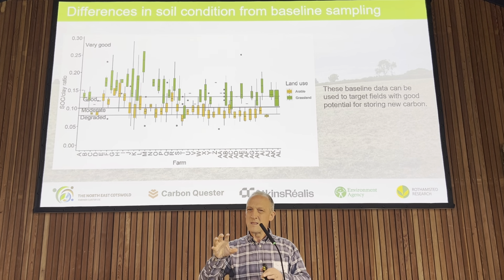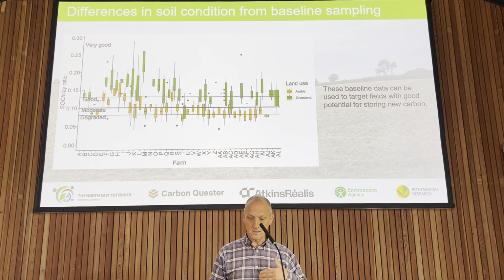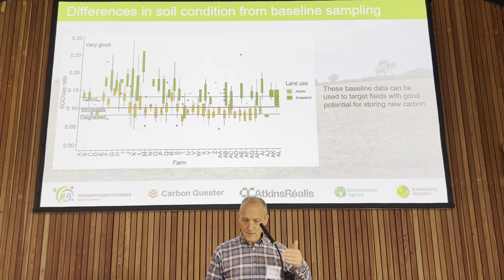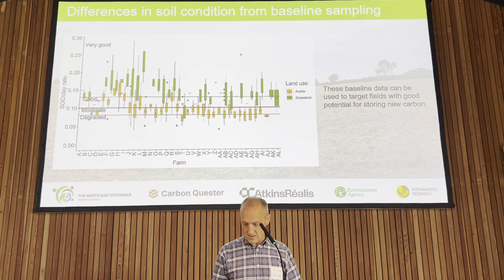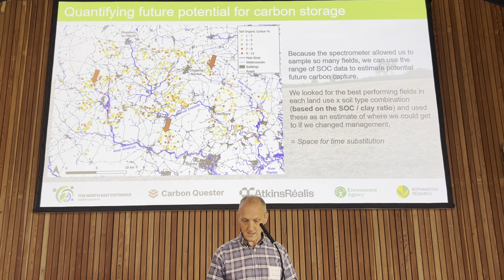There might be subtle differences in topography and soil depth that we haven't captured in our data. But what we're really interested in is those management changes that we can target to improve things. But again, it's the ranges of soil carbon data that we've got that gives us the real power, and is really the fuel for the project that we're talking about this afternoon.